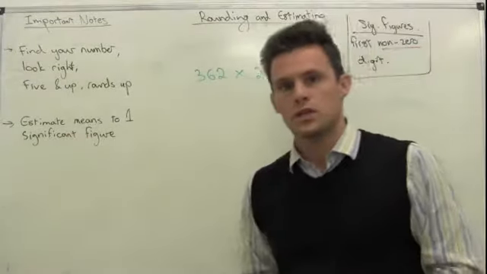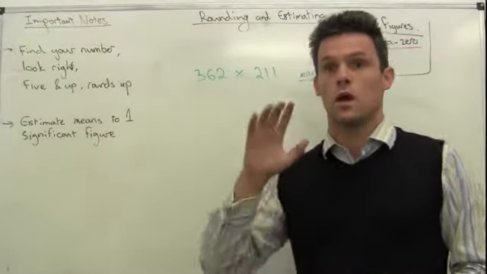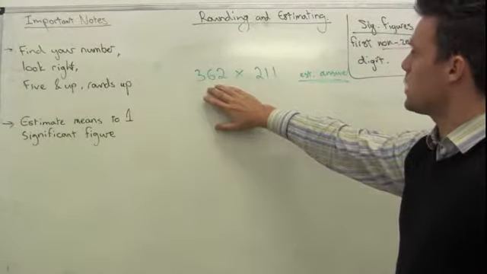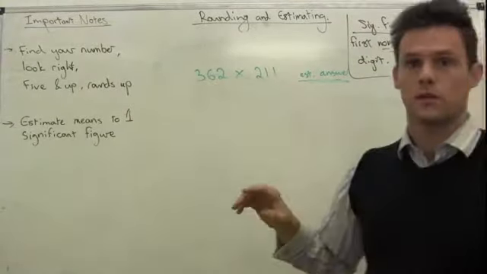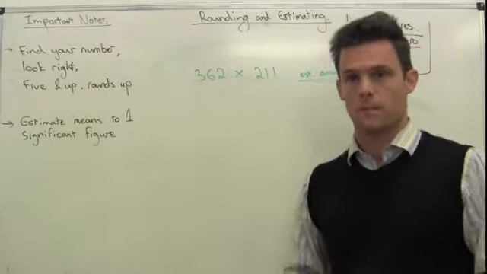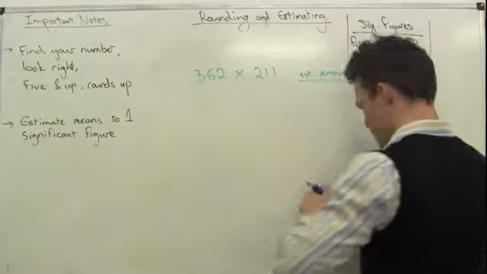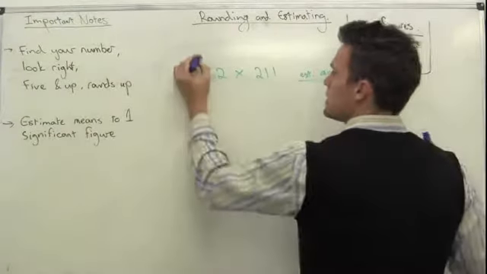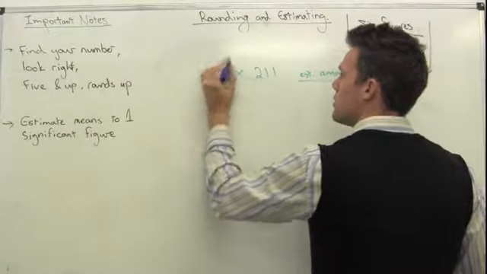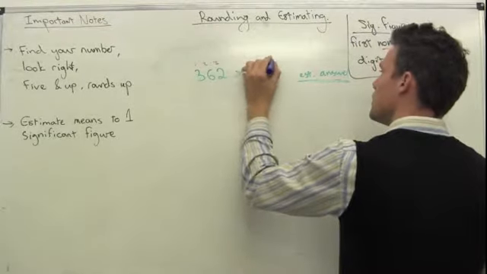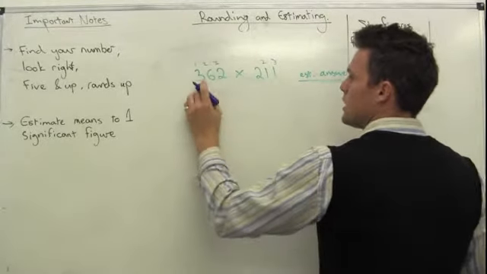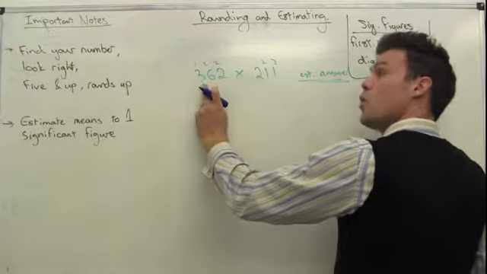It's the examiner asking you, please can you round that to 1 significant figure, that to 1 significant figure, and then multiply them. Right, so 362 to 1 significant figure. If I start numbering here, these are my significant figures, 1, 2, and 3. I'm starting from the front. That to 1 significant figure is either going to be 300 or 400.